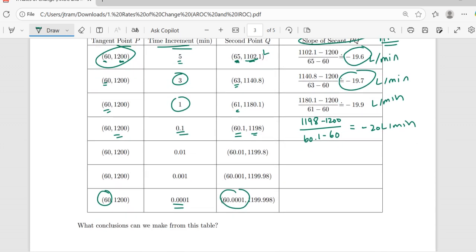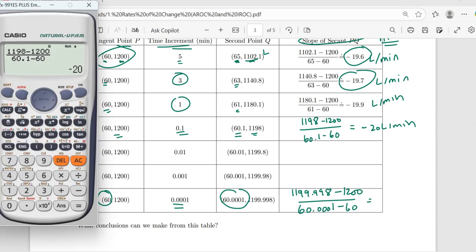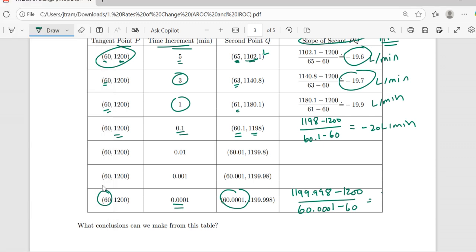So using the bottom interval, we're going to go 1199.998 minus 1200 over 60.0001 minus 60, and this should give us a number very close to 20, if not 20 on the dot. 1199.998 minus 1200 over 60.0001 minus 60 equals negative 20.